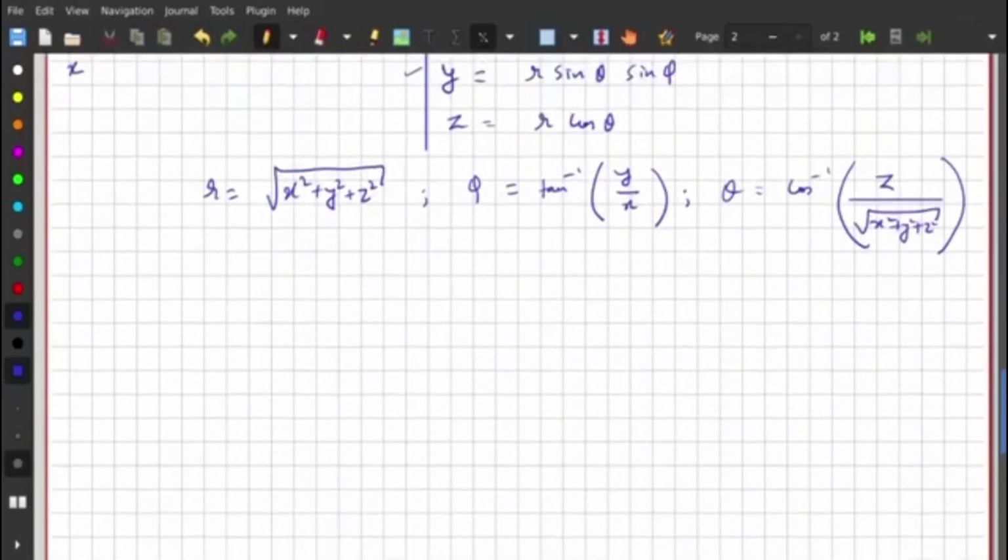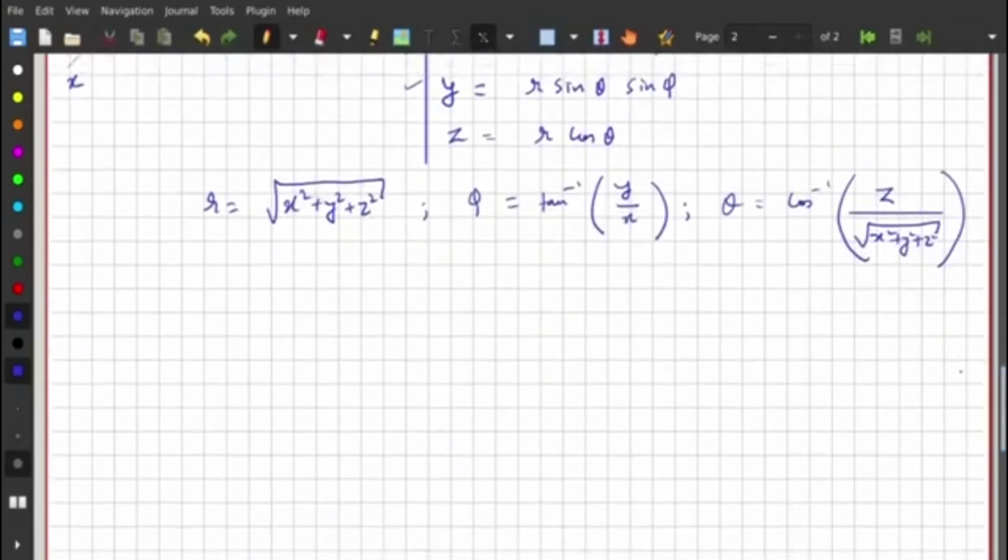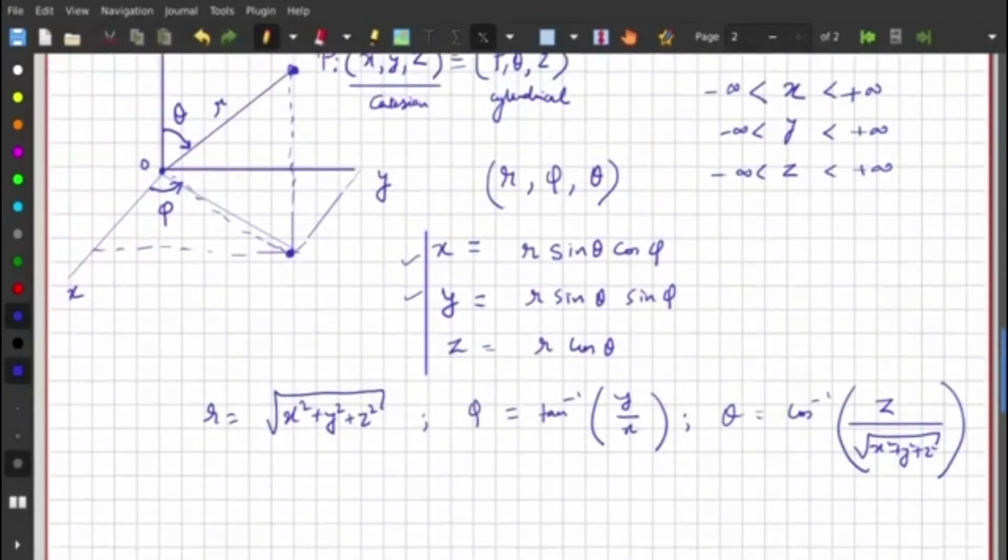For the cylindrical and the spherical coordinate systems, let's write that down.